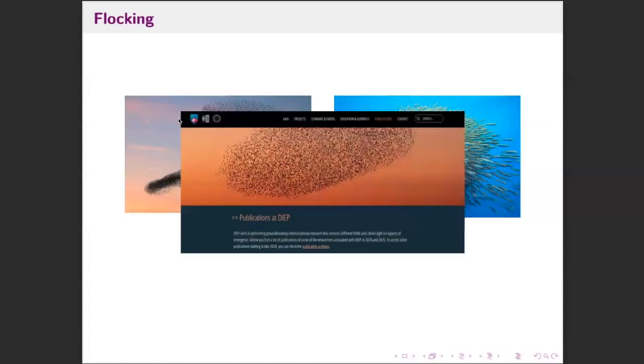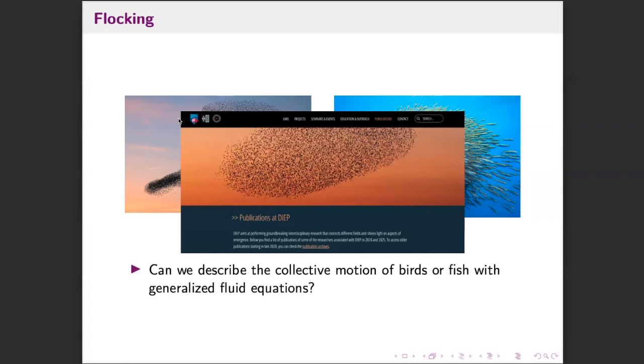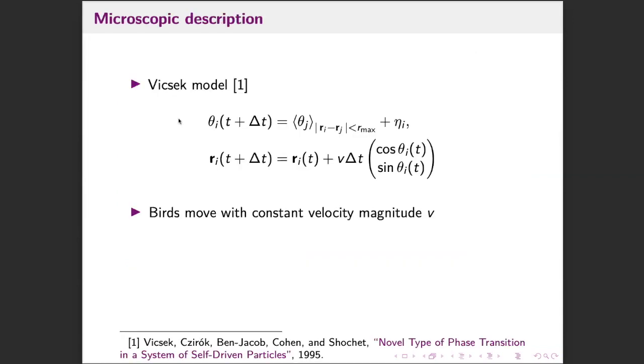Also, the Deep seminar has this nice picture on the website. So I'm really at the right place, I think. Can we describe it as a continuum, like a fluid, essentially, but it will be slightly different. And what the difference is, I'll discuss later.